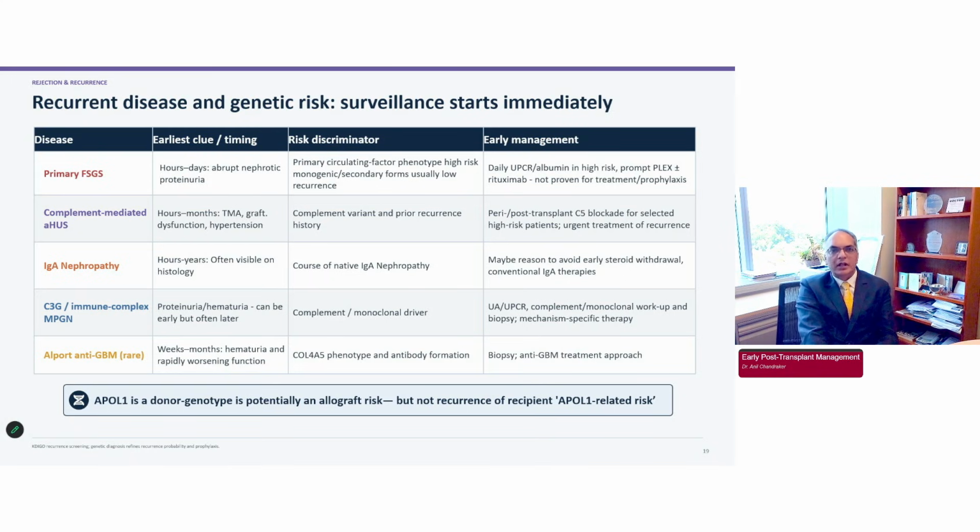So there are a number of recurrent diseases that are known to occur. Primary FSGS we've talked about, complement-mediated aHUS, IgA nephropathy, C3GN, MPGN, and anti-GBM in patients who have a history of Alport and then get transplanted and will develop an antibody against the GBM in the transplanted kidney.